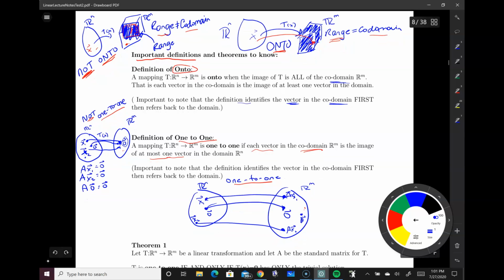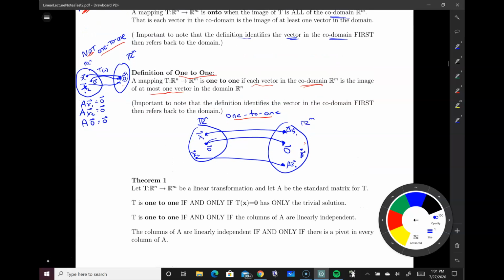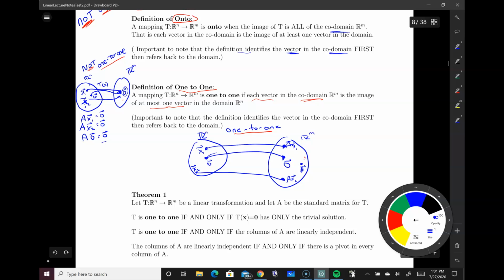So make sure you're really comfortable with these two definitions. I even made an emphasis of this. You see how I have three different vectors going to the zero vector. If I'm putting in the zero vector, this is the trivial solution. The trivial solution is always there, right? The zero vector is going to the zero vector. That's always happening. That's trivial.